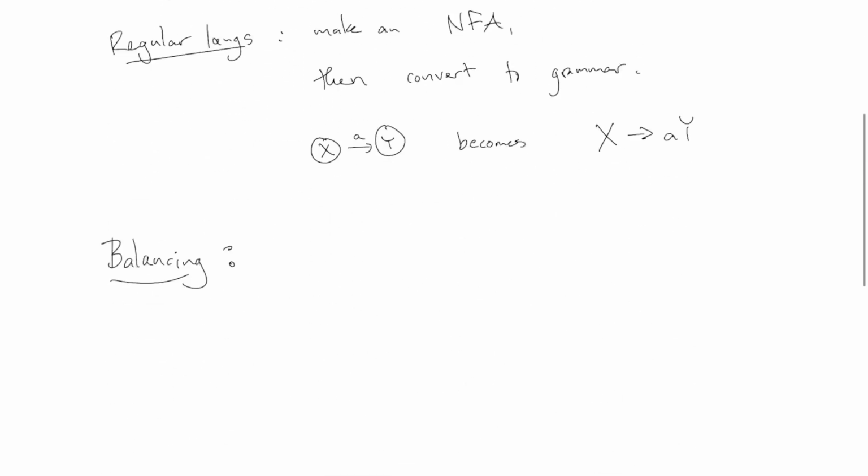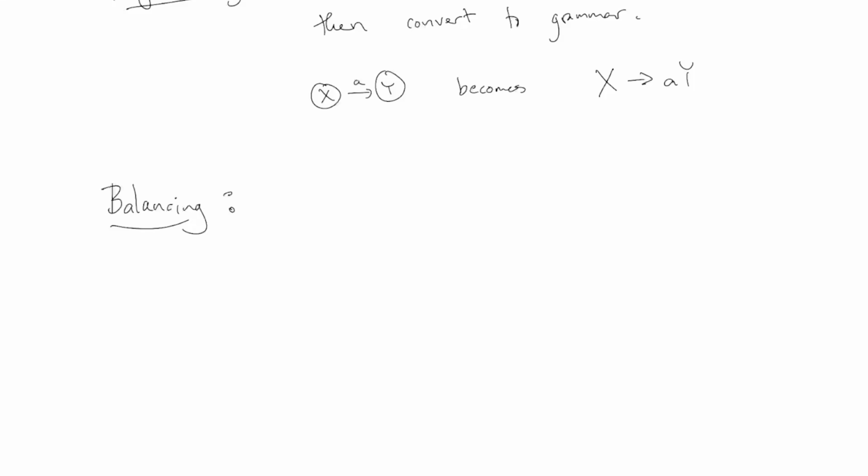And how do you handle balancing like that? So for instance, the very standard example of a balancing type of situation is this, a to the n, b to the n. And here each a is balanced with one b, right? And they go in that particular order, all the a's first, followed by all the b's.